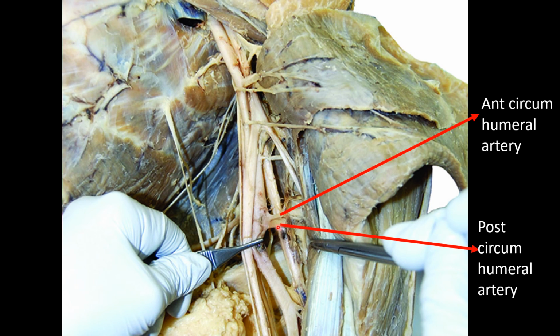So how to identify: after removal of the axillary vein, and after finding the axillary artery, you better take a blunt forceps, hold the axillary artery and pull towards the body, so that we can identify the two arteries, anterior circumflex humeral artery and posterior circumflex humeral artery.